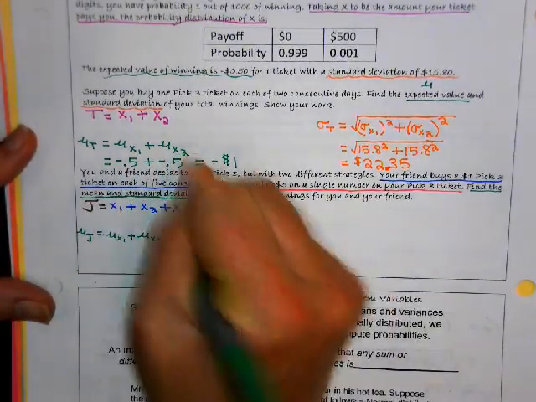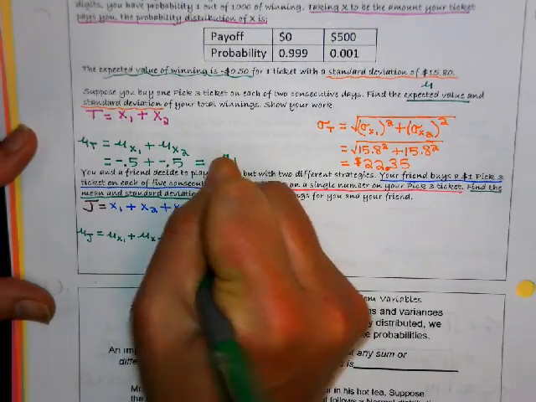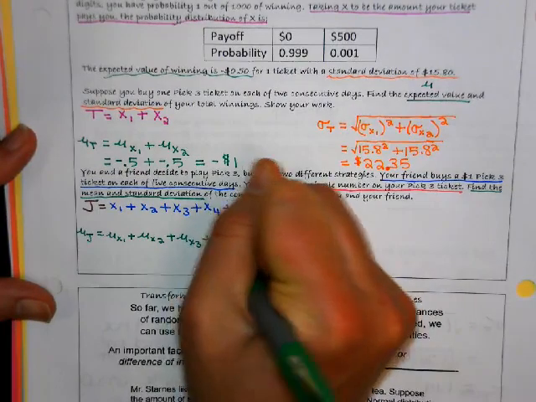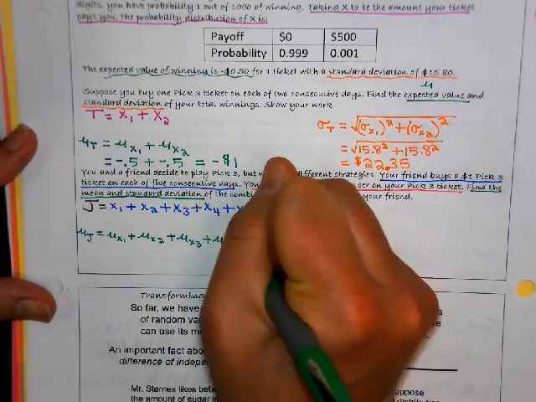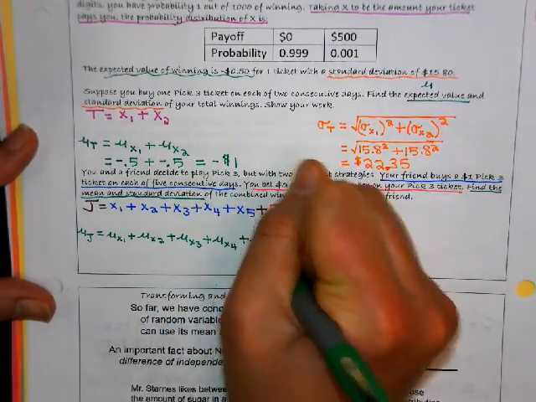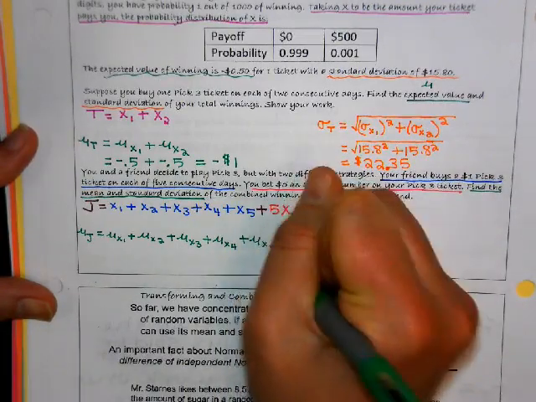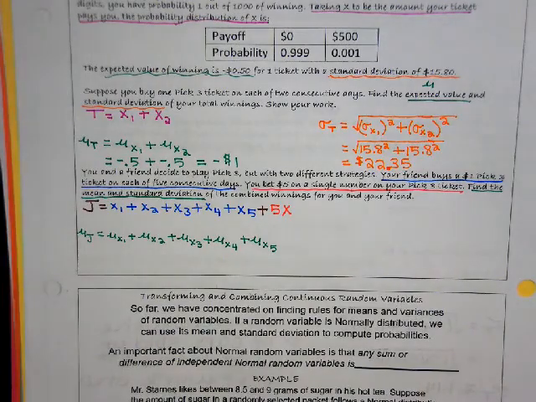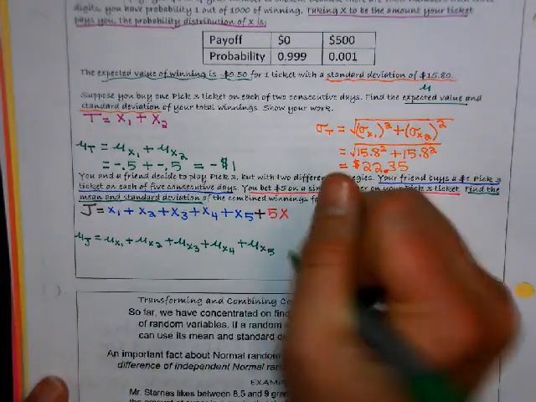And then you wagered 5 times as much, and so we're multiplying by 5. Does our measure of center, our mean, get affected by multiplication? Yes. So we're going to multiply 5 times the mean of x.